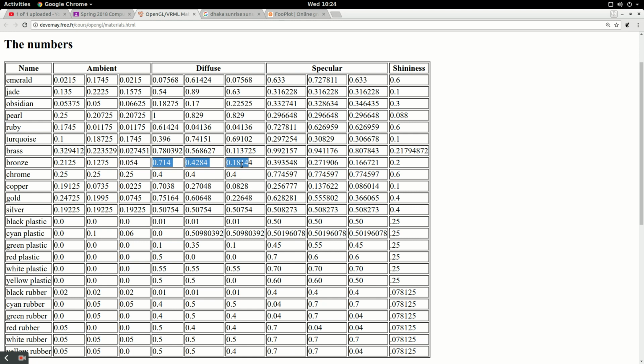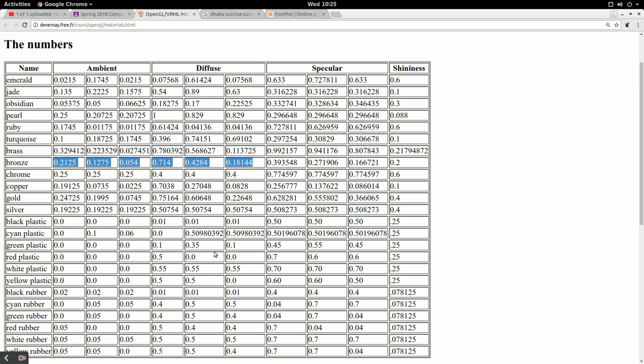Okay? Sir, in this table, what is the last column? The shininess? Where is blue or? No, it's a totally different thing. We'll come to that. It has something to do with the specular part. These two things, they go together. So I'll talk about that. So for now, the stuff that we're dealing with is just these two, ambient and diffuse.